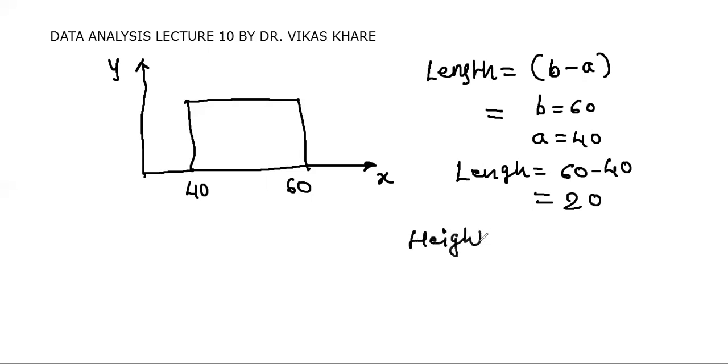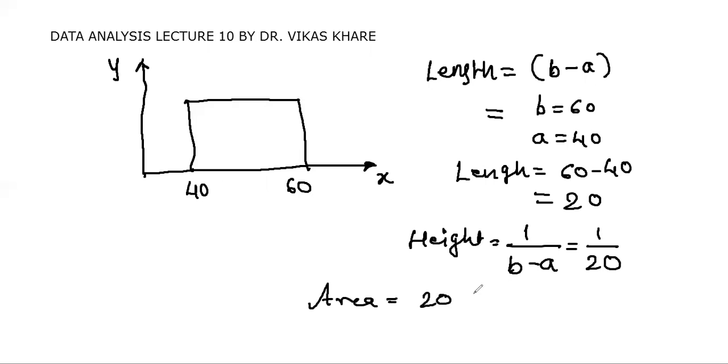Height is 1 upon b minus a, which is 1 upon 20. So again it is proved that area is length into height, 20 into 1 upon 20, is equal to 1. This is the basic property of a uniform distribution.